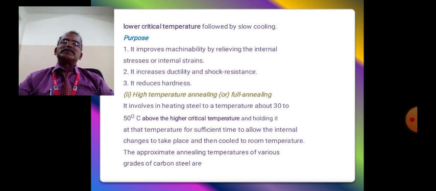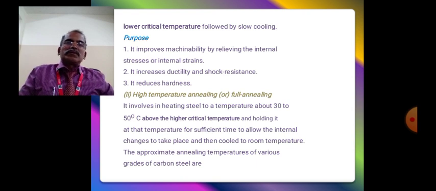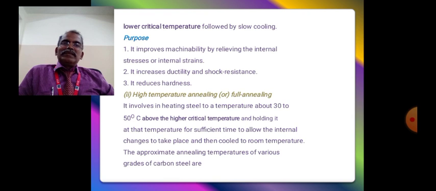The purpose of this low temperature annealing is that it improves machinability by relieving the internal stresses and strains, it increases ductility and shock resistance, and third, it reduces hardness.